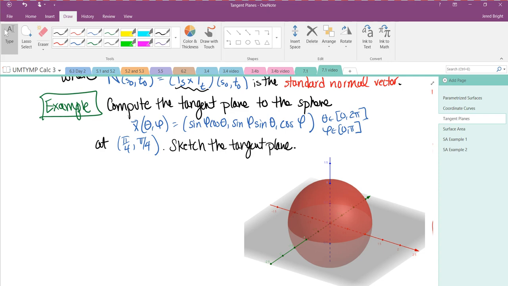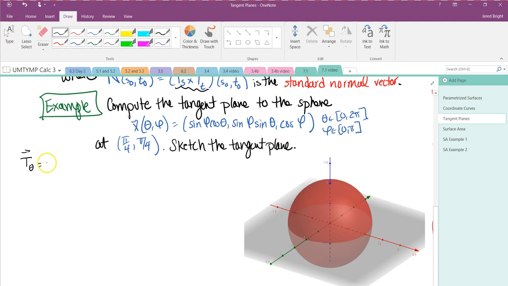I need to do this in pieces, because I need to find the two tangent vectors. So I need to differentiate our parameterization with respect to the given variable. Let's do that first. I have to do this one at a time.